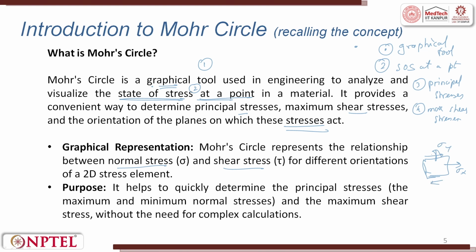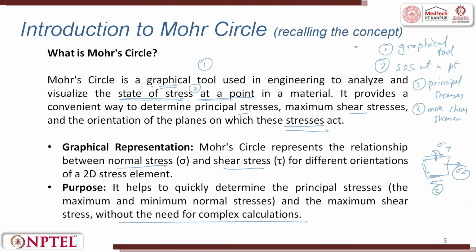So, all these things are there, right. So, it gives the relationship between sigma and tau. It helps to quickly determine the principal stress and maximum shear stress without doing any complex calculation. So, this graphically represents, and again it is a first principle.